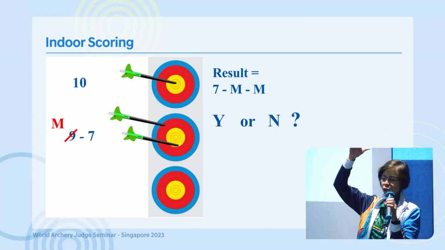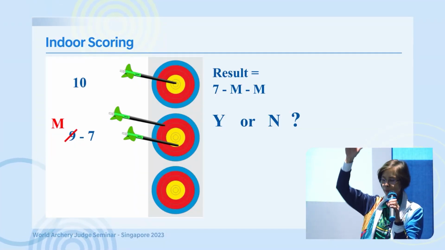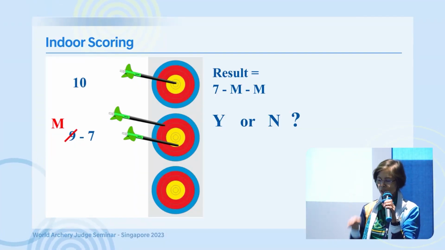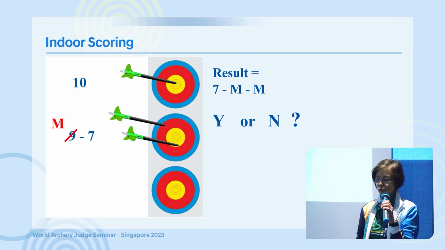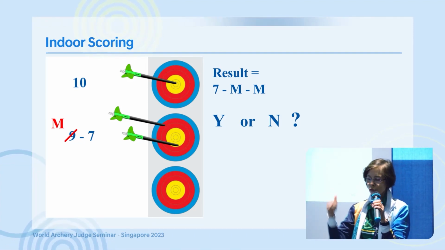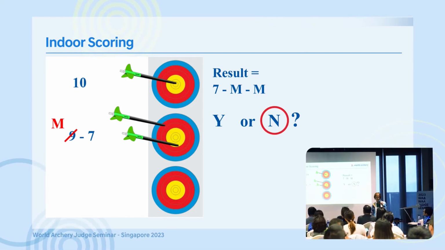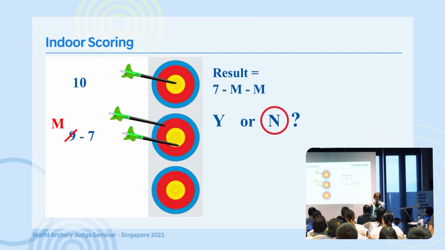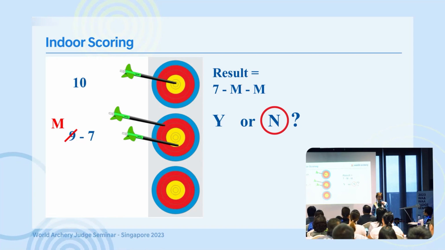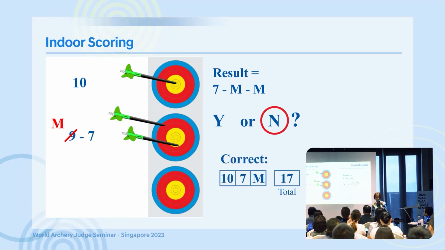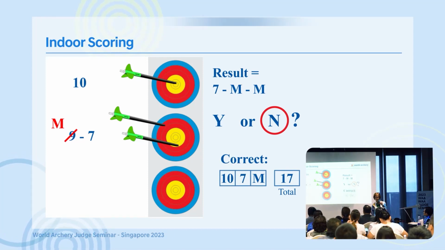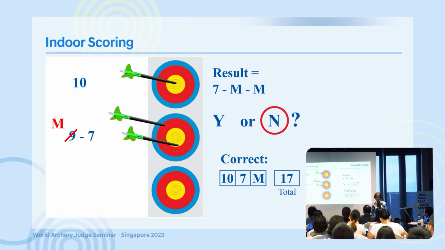There's one arrow on top, in the middle there are two, none at the bottom. Is that correct? No. 7 mm? No. What is the correct score? 10? Very good. And that's a total.